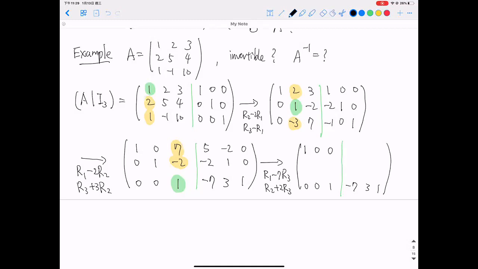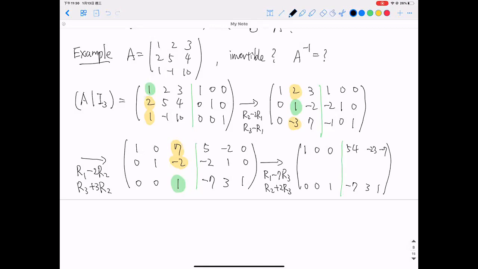So it's 49 plus 5, 54. Minus 2 minus 7 times 3, that's 21. So it's minus 23. 0 minus 7, that's negative 7.